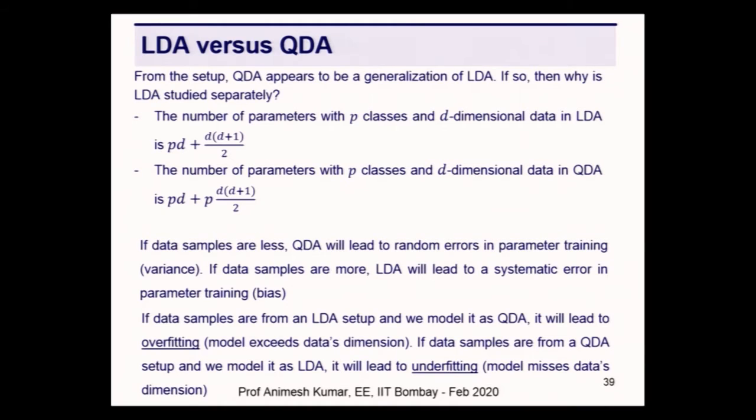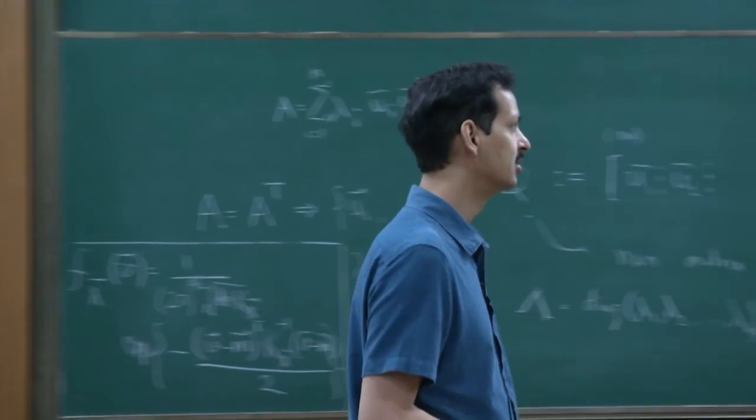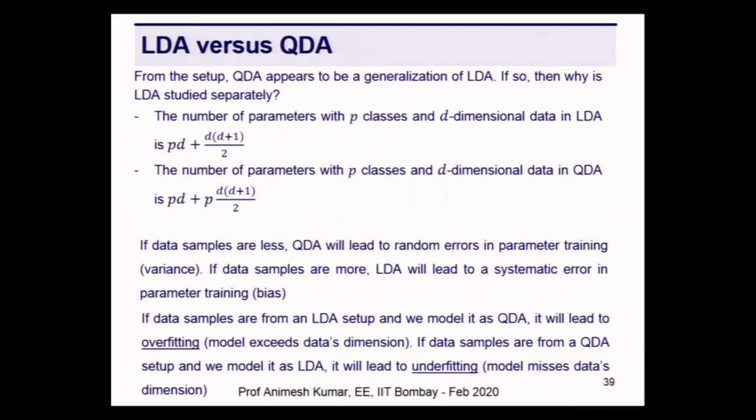On the other hand, if data was actually coming from a QDA setup, and we end up modeling it as LDA, then I'll have a common covariance sigma for all the classes, while ideally it should have been sigma 1, sigma 2, and so on. So even if I had lots of training samples, it will still lead to this idea called underfitting, where my model is missing the data's inherent dimension.